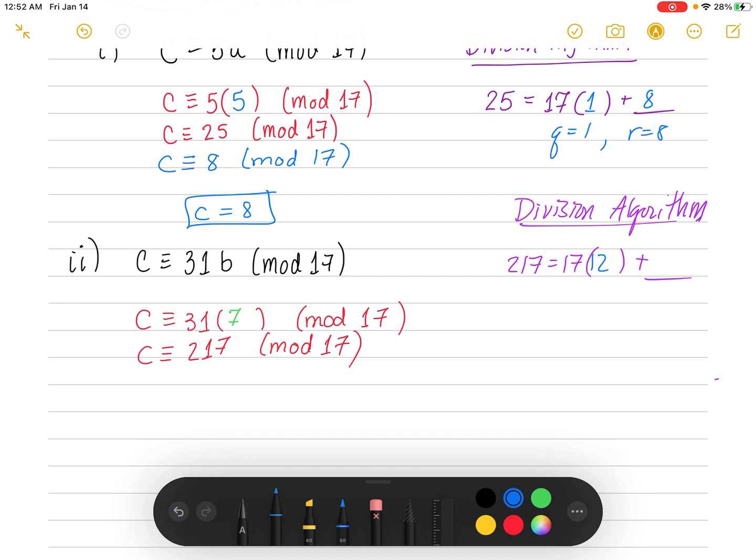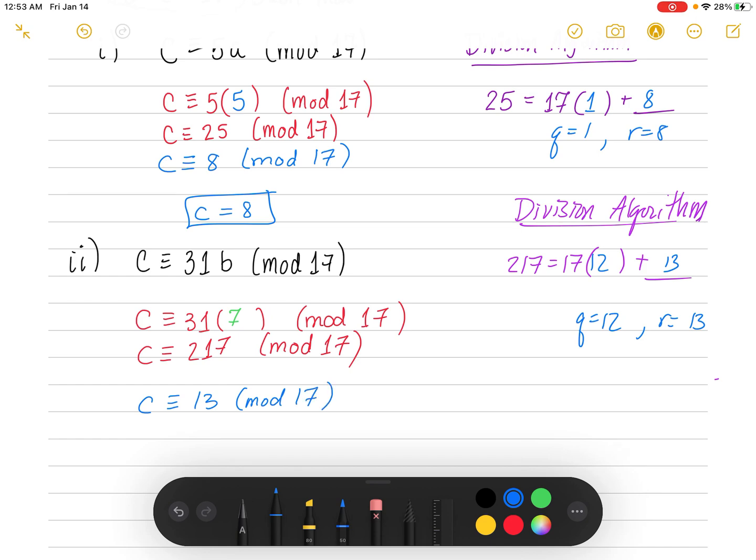And we're going to take 217 minus 17 times 12, and we're going to get a remainder of 13. So quotient is 12, remainder is 13. So what does that mean? Okay, I got C is congruent to 13, mod 17.